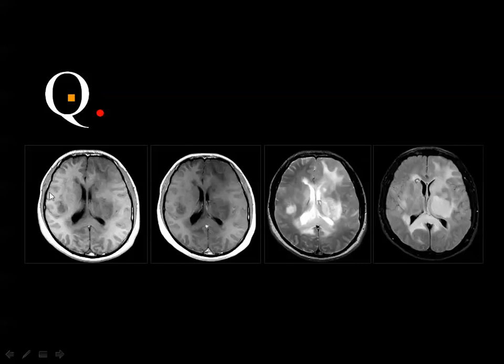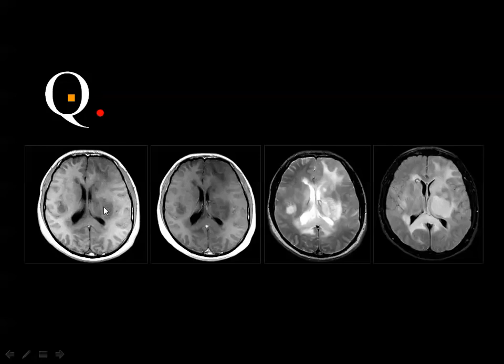This is T1, T2, and flare. And this is T1 without contrast and T1 with contrast, T2 and flare. Bilateral lesions are seen mainly in the white matter.